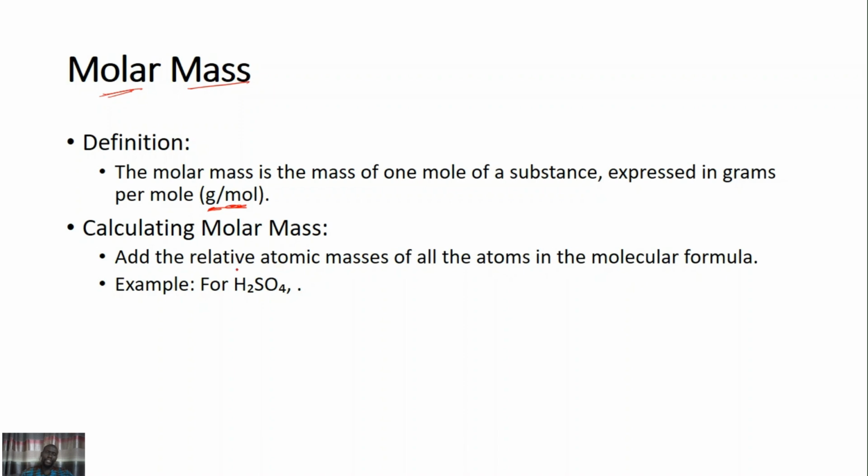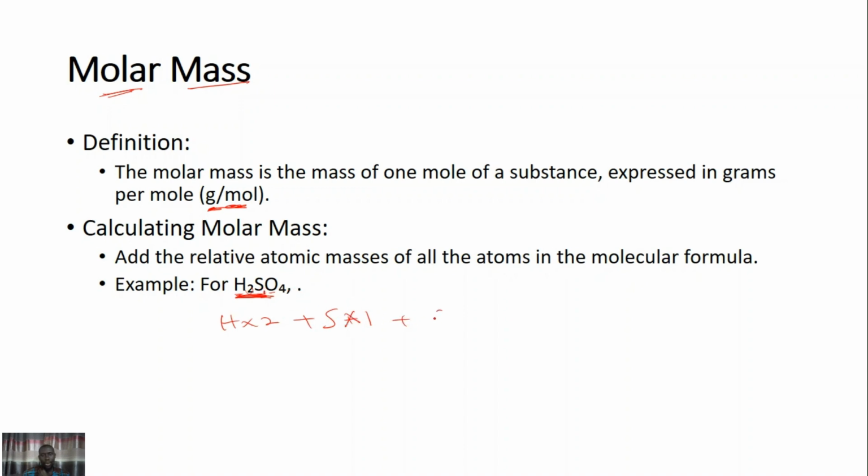If you want to calculate the molar mass of a substance, you need to get the chemical formula of that substance, then use the relative atomic mass of each of the elements that make up that substance, multiplied by the number of moles of the atom in that substance. For example, here we have hydrogen times 2 plus sulfur times 1. The 1 is there, it's just not written.